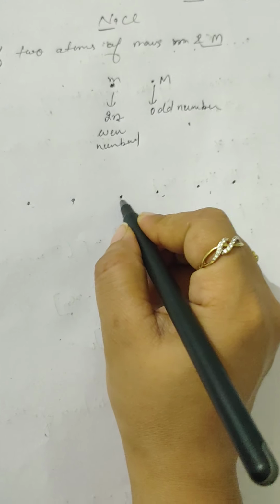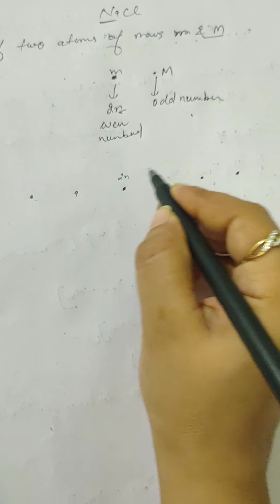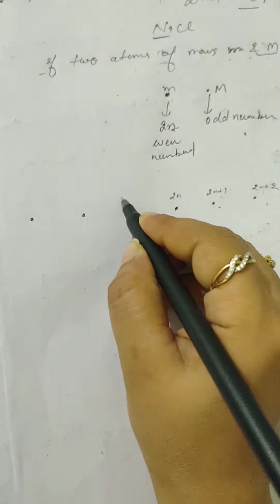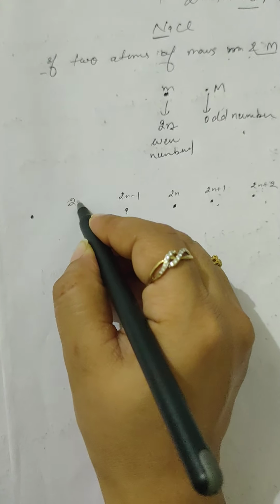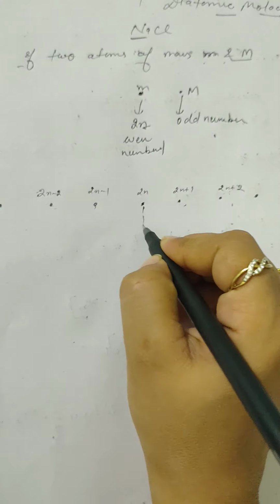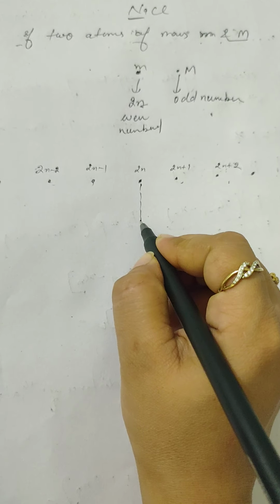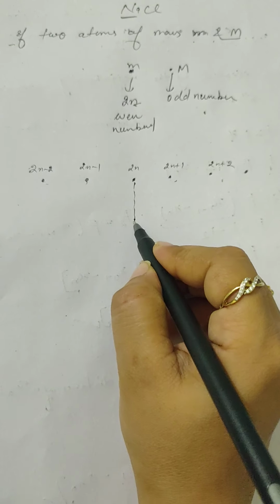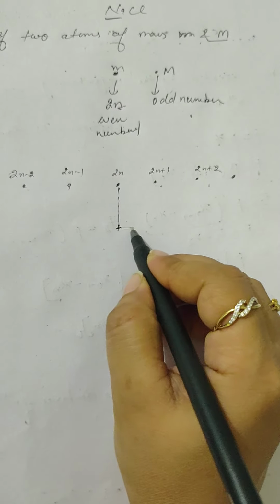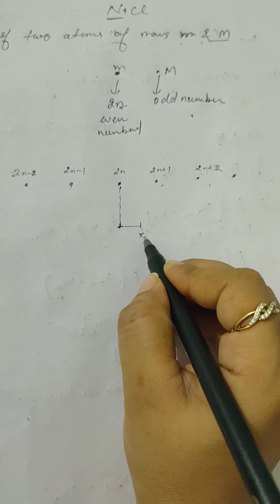So if this is the 2n atom, this is 2n plus 1, this is 2n plus 2, this is 2n minus 1, and this is the 2n minus 2 atom. If there is vibration in the lattice, the displacement will be equal to x2n.